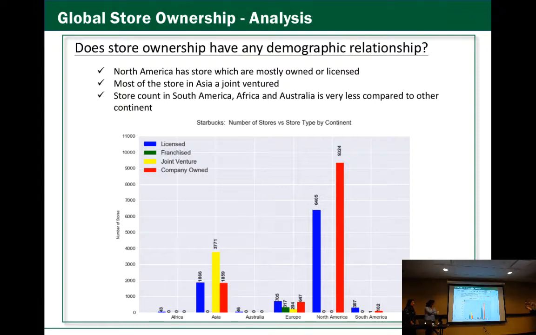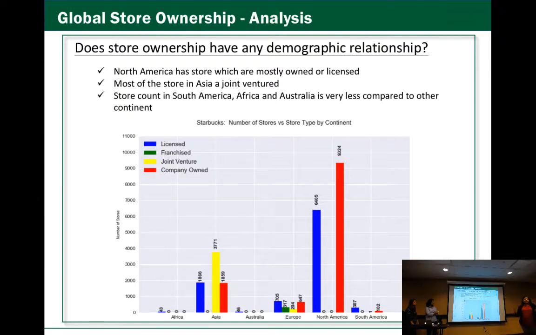We see that most of the stores in North America are either company owned or licensed, and in Asia they are mostly joint ventures. So ownership and geographical location have some relationship. They do prefer certain types of ownership in certain geographical locations.